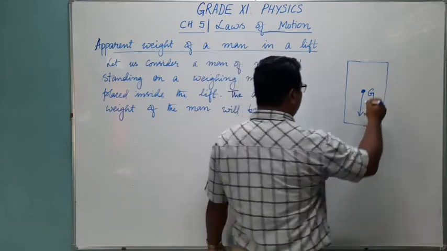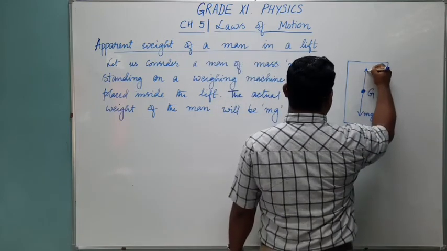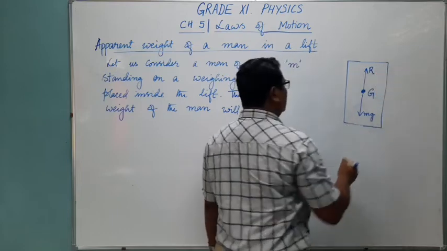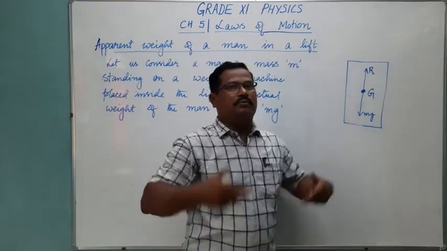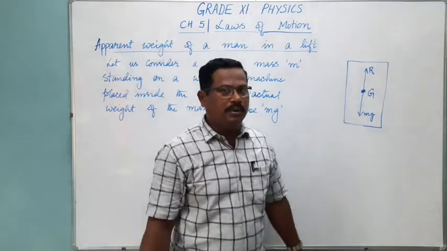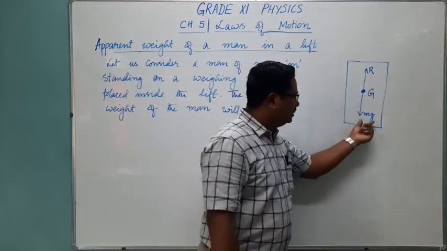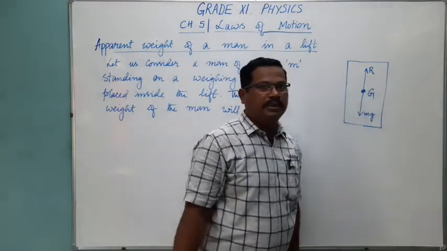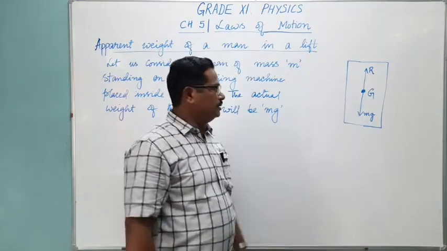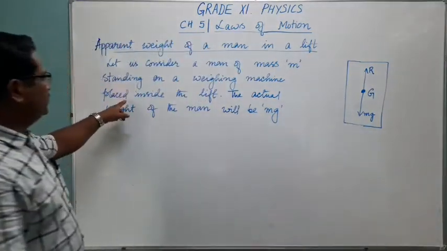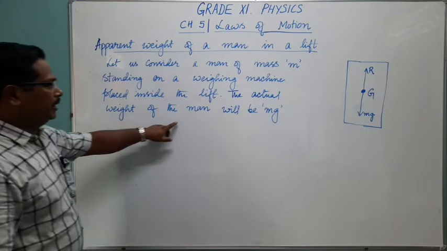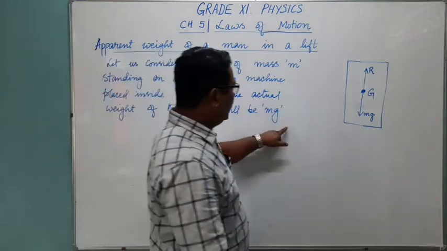And that will be equivalent to the normal reaction, that is R. So the person will not float, will not go up, won't come down, it will remain at the same place. This mg value and R value both will be equal. It will be balanced. So placed inside the lift, the actual weight of the man will be mg.